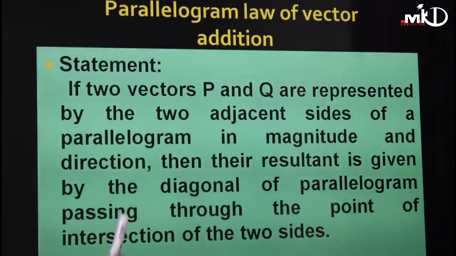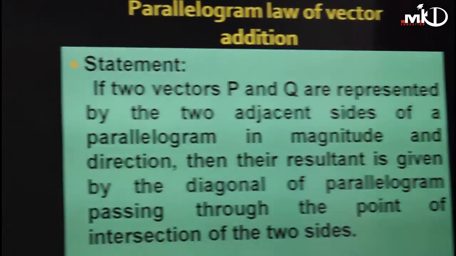Again I am repeating, the diagonal will represent the resultant of the two vectors originating from the intersection of the two sides. That I am going to explain.